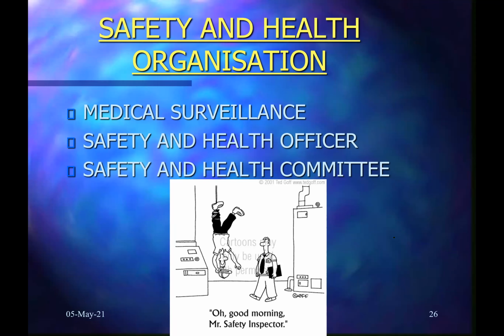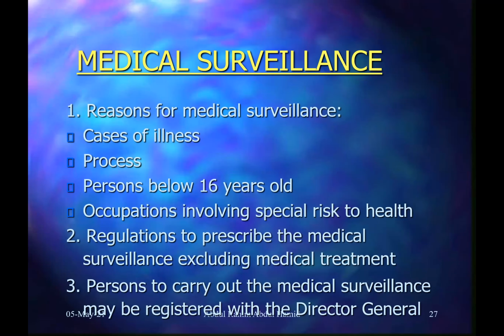Okay, safety and health organization. There are a few things under safety and health organization. First is medical surveillance, and then safety and health officer, and safety and health committee. First thing is about medical surveillance. Medical surveillance is not compulsory to be conducted for all construction sites or workplaces unless there are cases of illness.